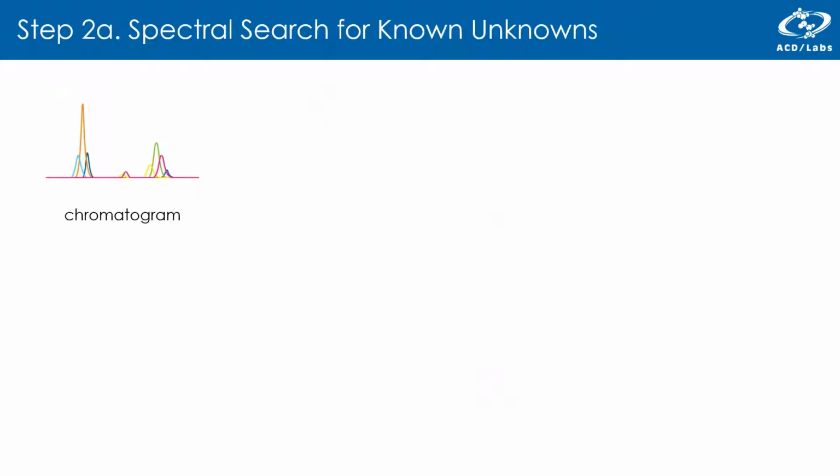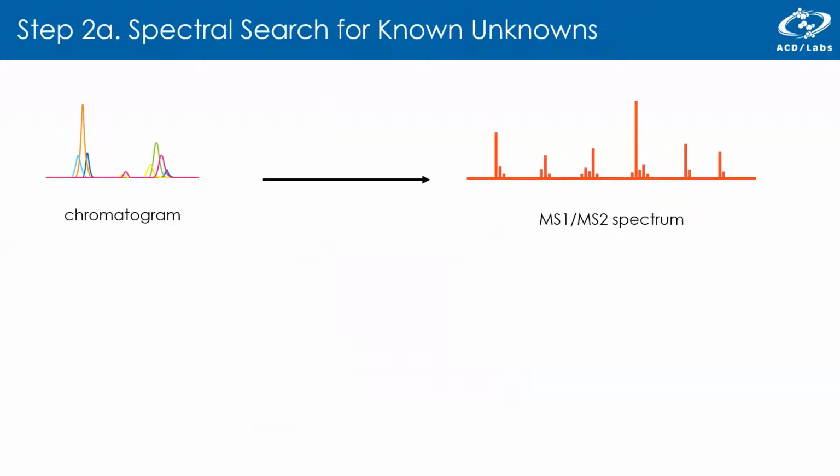The first step is a spectral search for known unknowns. Once we have our chromatogram and have identified all the peaks that may be co-eluting, we would obtain high-res mass spectrum data and collect either an MS1 or MS2 spectrum.